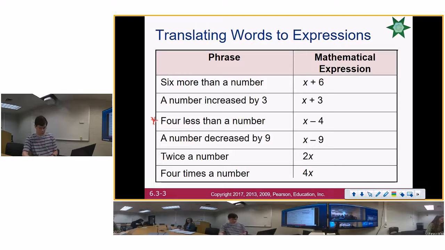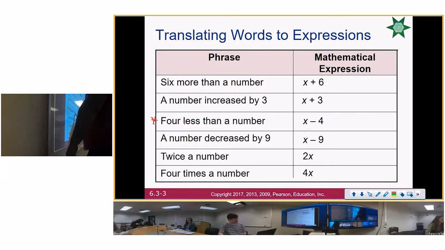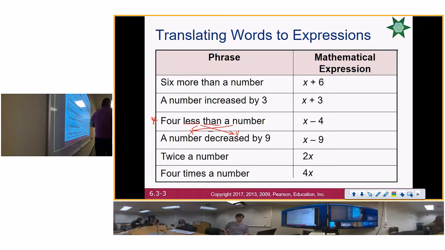And remember, when you see less than, you always crisscross. A number is x, and 4 goes here, and then less than is minus. When you see less than, always crisscross.